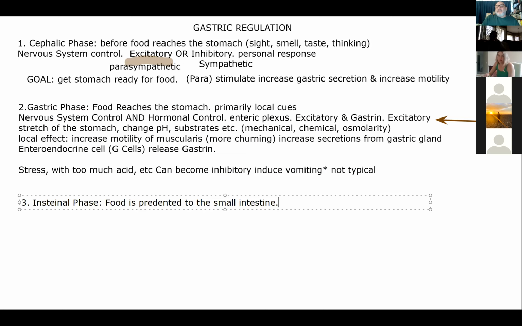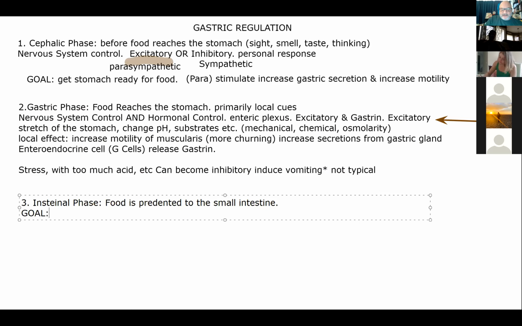And while that's fun in a TV show, that isn't fun for the small intestine. And so our goal here in the small intestine is to regulate the rate of presentation of food, and more specifically presentation of chyme, to the small intestine for maximal efficiency.